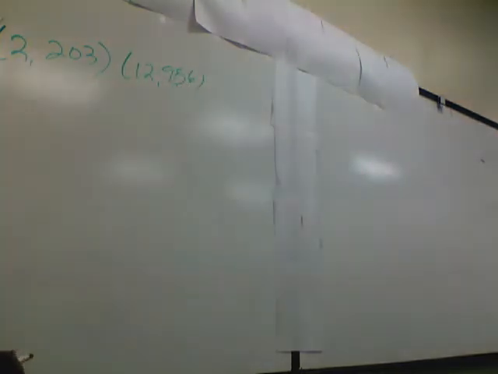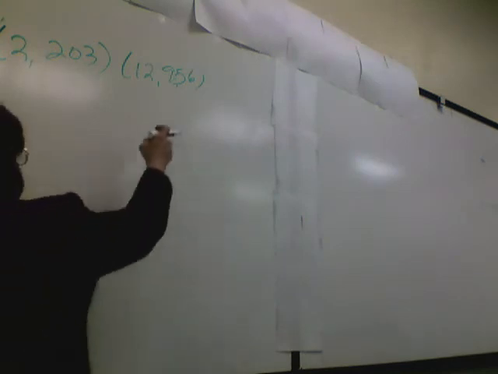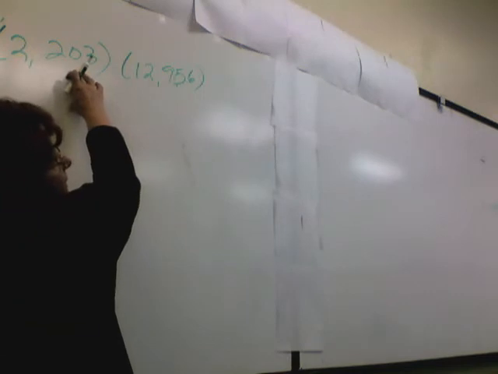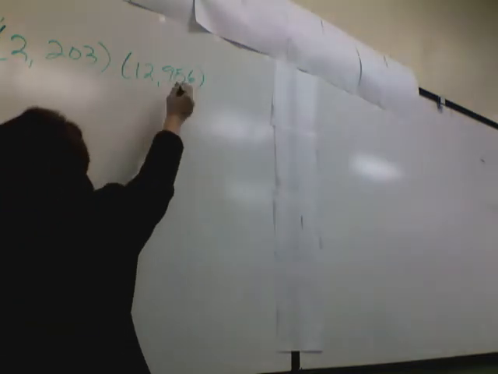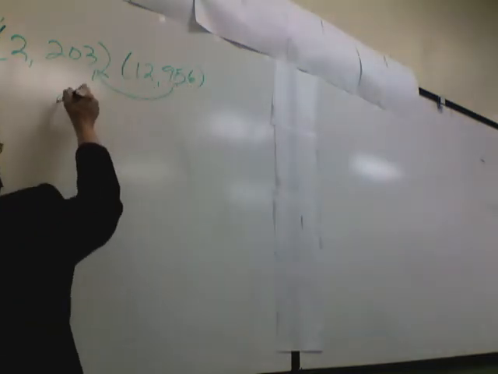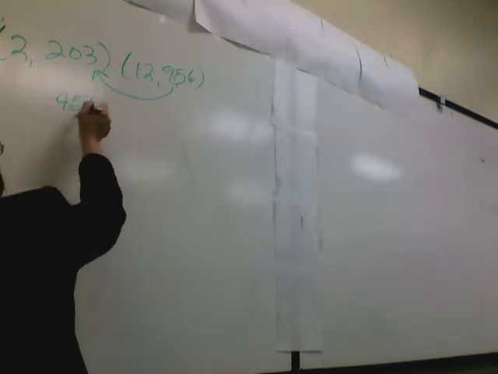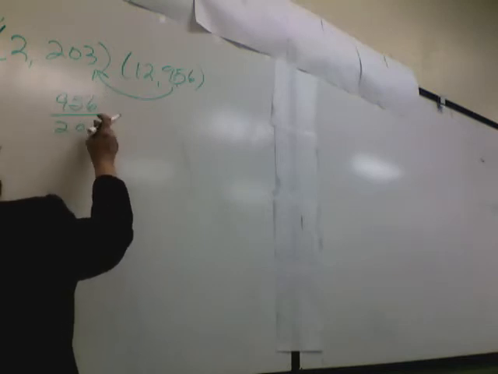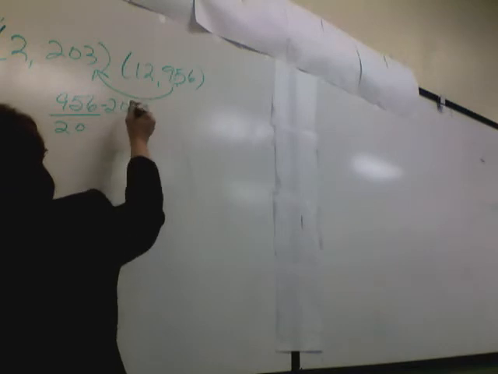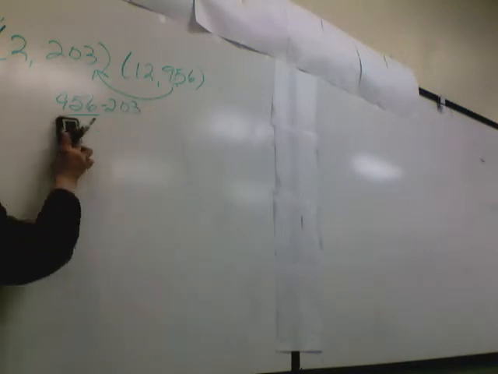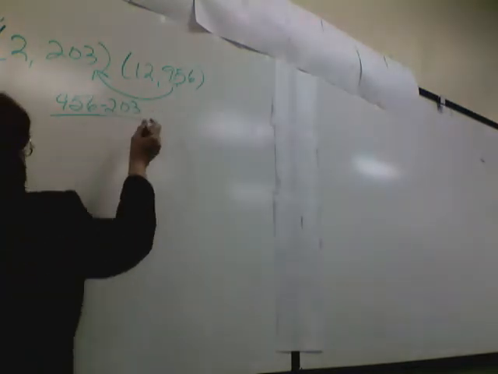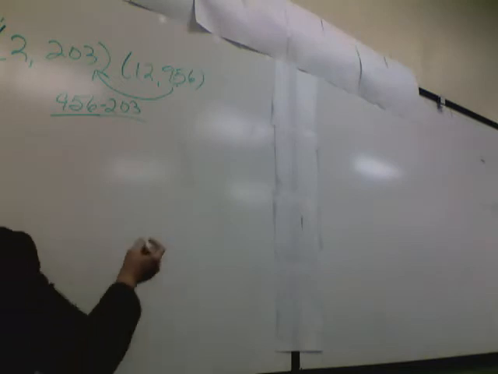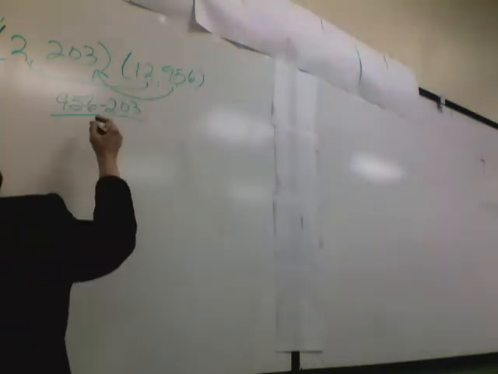Okay, so the y minus y, why don't we do this minus this, okay? 956 minus 203. 12 minus 2. Minus 2, oops. I'm sorry. Okay, that's our y's, and then what's on the bottom? 12 minus 2.